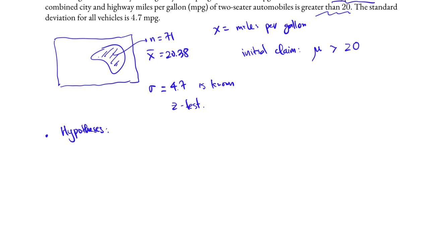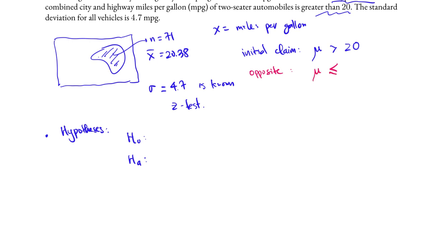To write the null H sub 0 and the alternative H sub a hypothesis, we first write the opposite of the initial claim in symbolic form. The initial claim is that mu is greater than 20, and the opposite of greater than is less than or equal to.